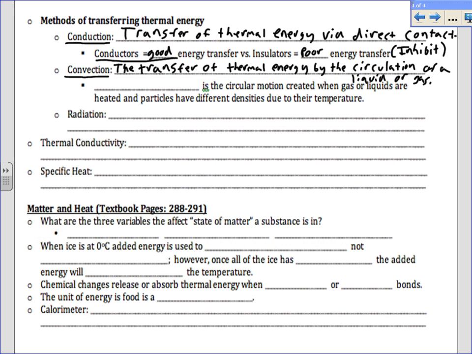Okay, an example of this would be heating up a pot of water on the stove. Now, the pot on the burner would be an example of conduction, but since the water is a liquid and you can see the circulation, this would be an example of convection.